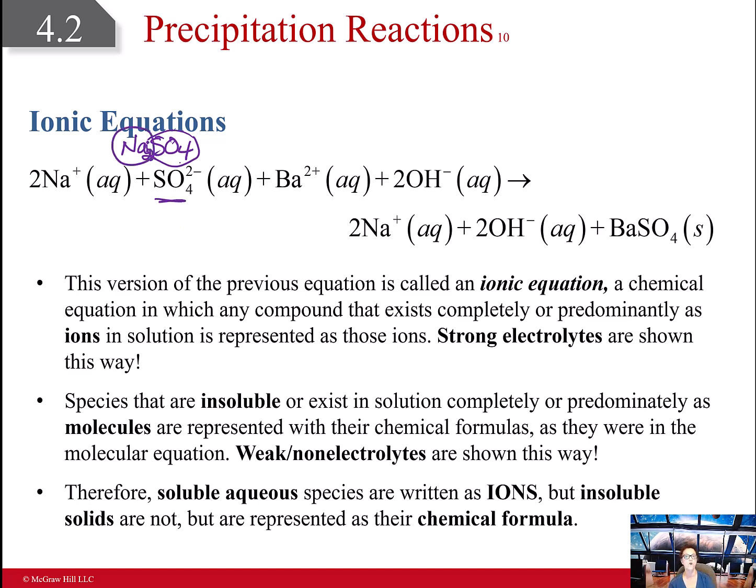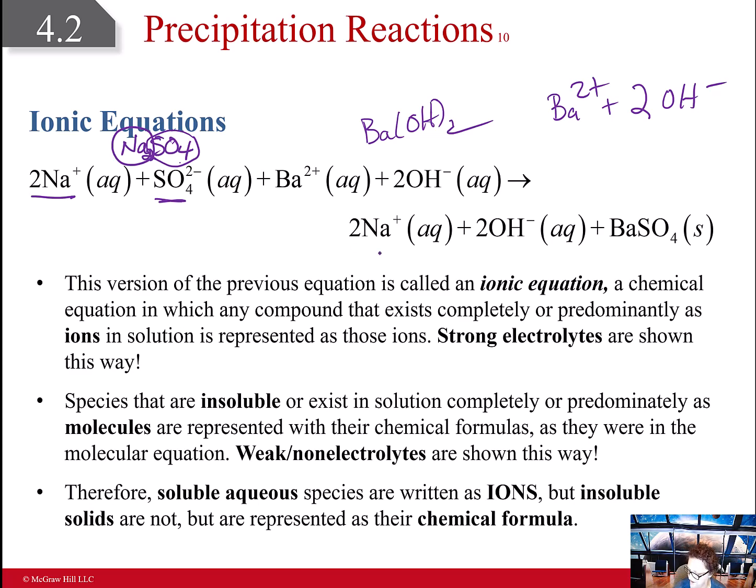So when they form the ion, you're going to have two sodium ions. With barium hydroxide, you had Ba(OH)2, so you're going to have a barium 2+ plus 2 hydroxides. You're just accounting for everything.